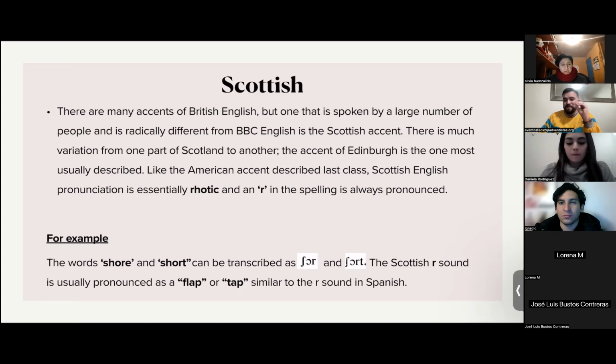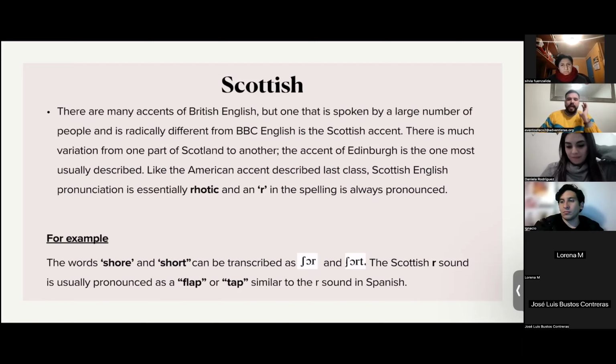I'm trying to do my best because for me it's really hard to change between Chilean Spanish and English at the same time. That would be shore and short. Okay, shore and short. So the Scottish R sound is usually pronounced as a flat or tap R.